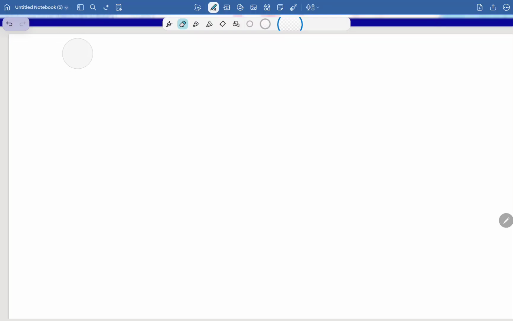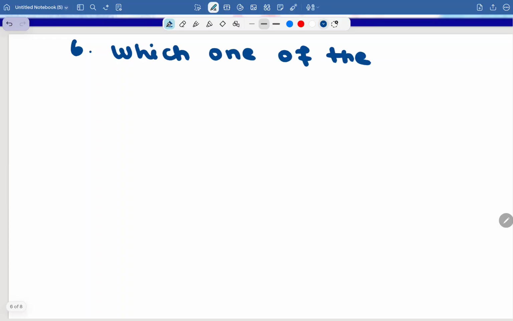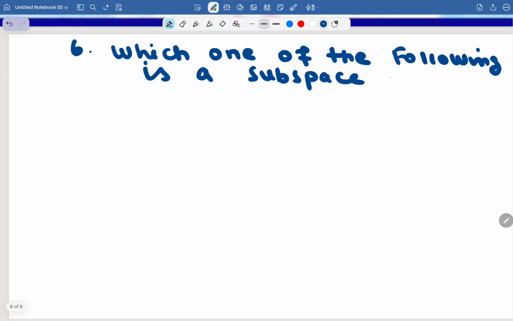Problem number 6. Which one of the following is a subspace of R power n?